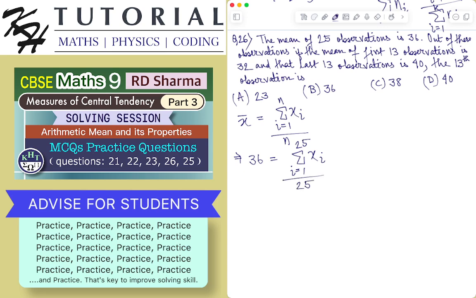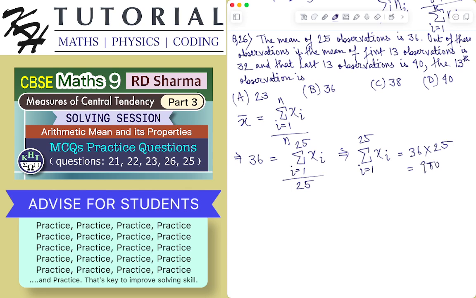So this implies that the summation of all the 25 observations is equal to 36 multiplied by 25, which is, let me use the calculator, 900. This is 900. Okay, we have this.